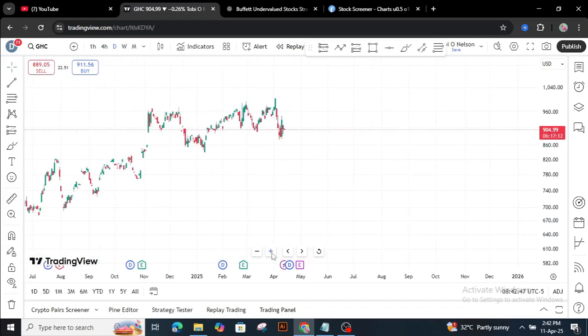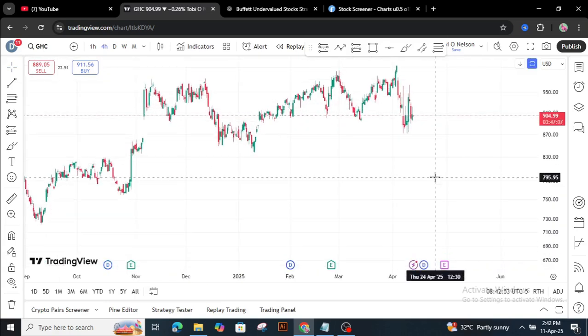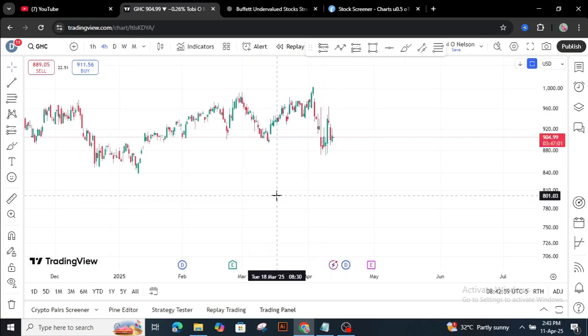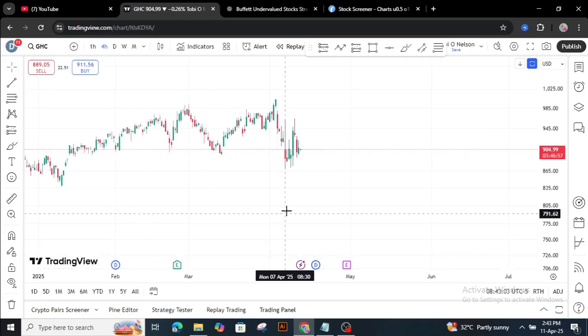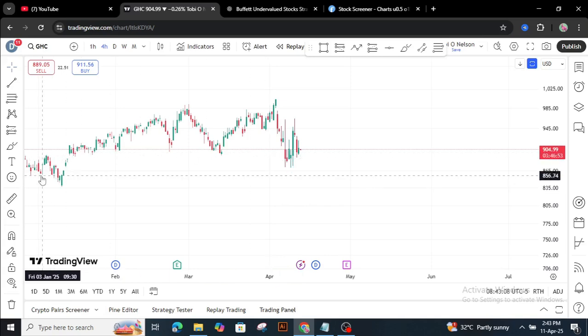That is a result of the fact that it has good cash flow and a good financial statement. But right now the company is moving down here, and you could consider buying here.